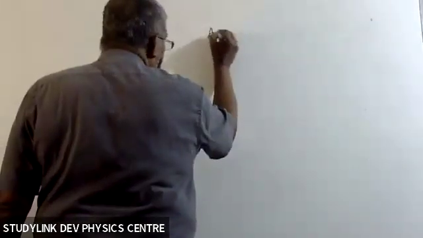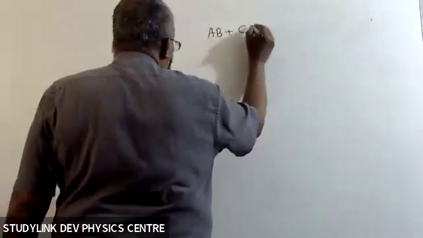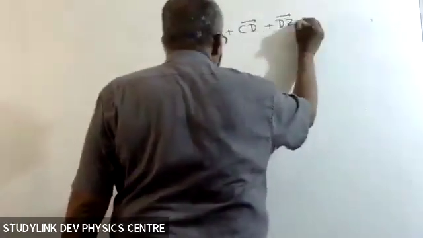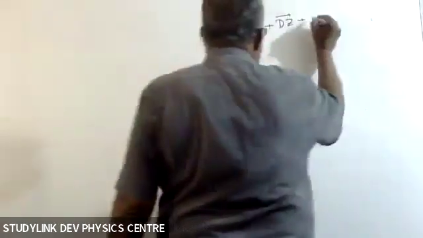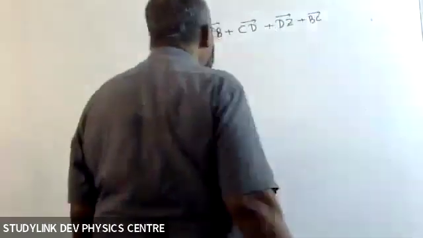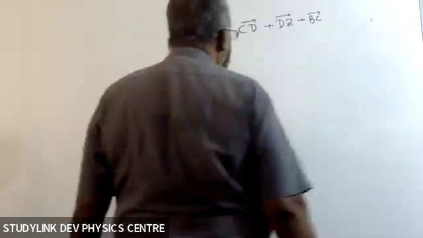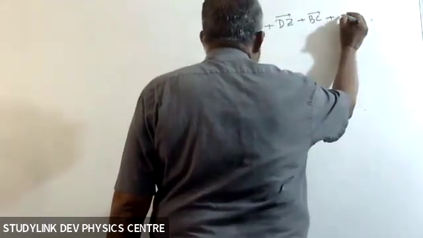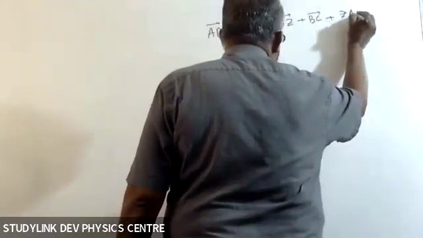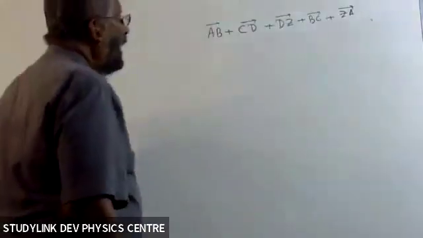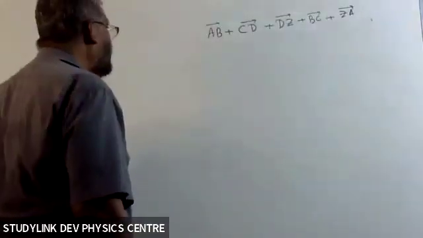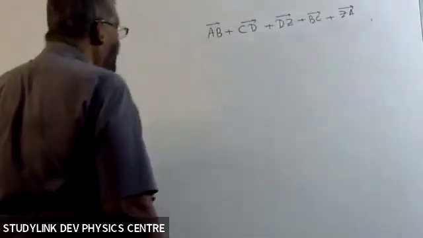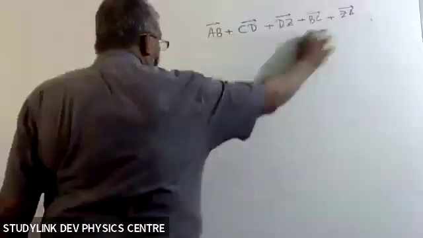Again, AB, BC, CD, DZ, plus ZD. Write the given vectors. That is a question. Then the answer is, you have to rewrite this.